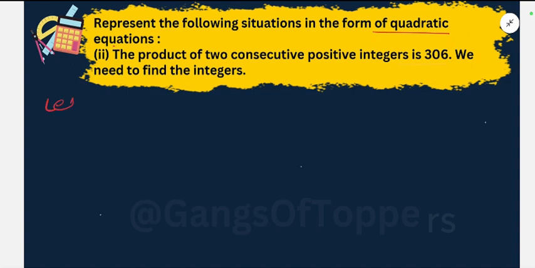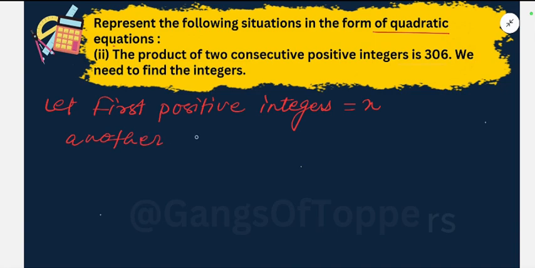So let's assume the first positive integer equals x, and so the other consecutive positive integer becomes x plus 1.